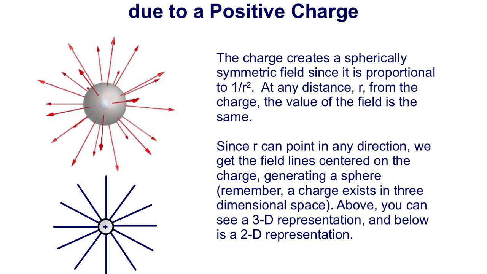So this picture is just reminding us that it's not just two-dimensional. The field is not just in 2 dimensions in a plane. It's 3-dimensional. It's coming in all directions towards or away from the field charge.